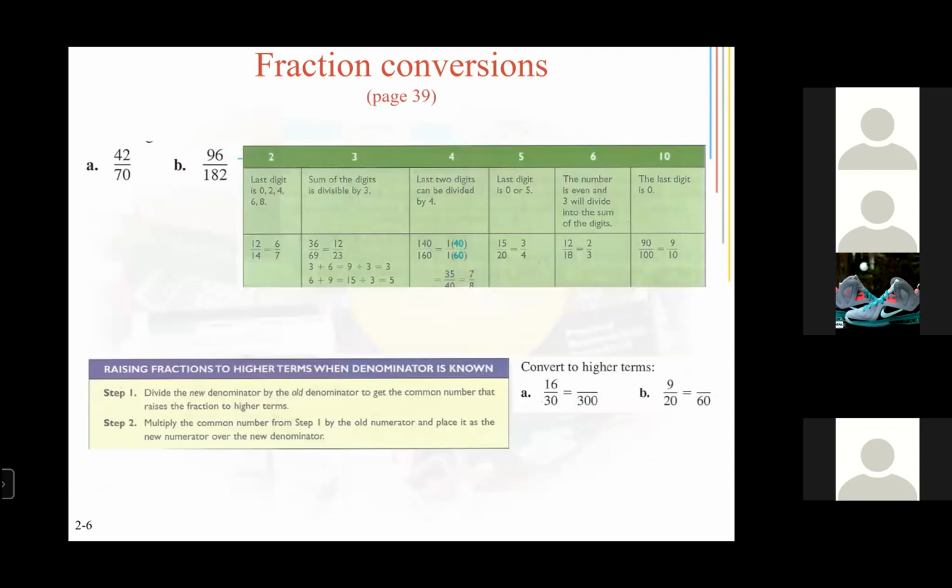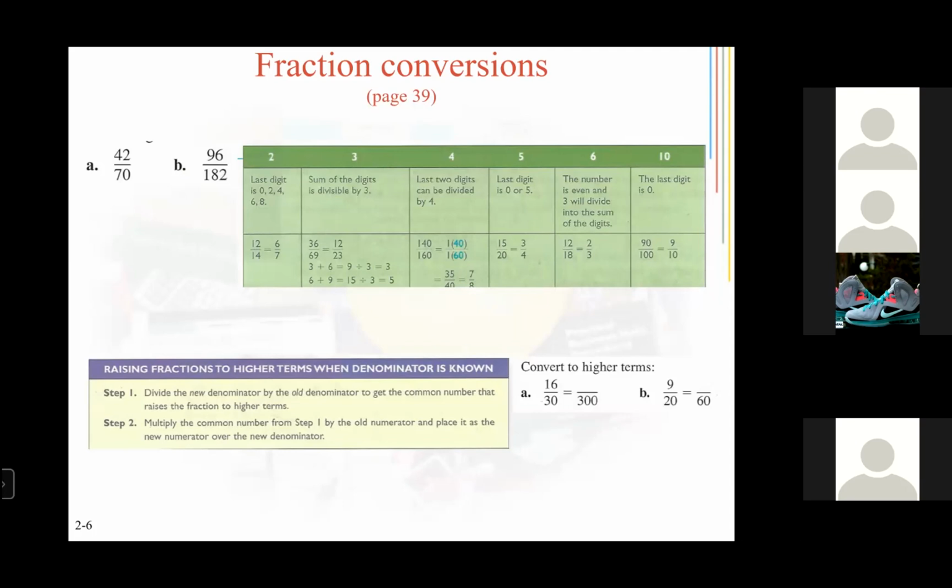All right. So here we have the divisibility table at the top in green. That divisibility table is helpful when you want to reduce fractions to lowest terms, because if you use certain principles, it could speed up your effort to reduce.